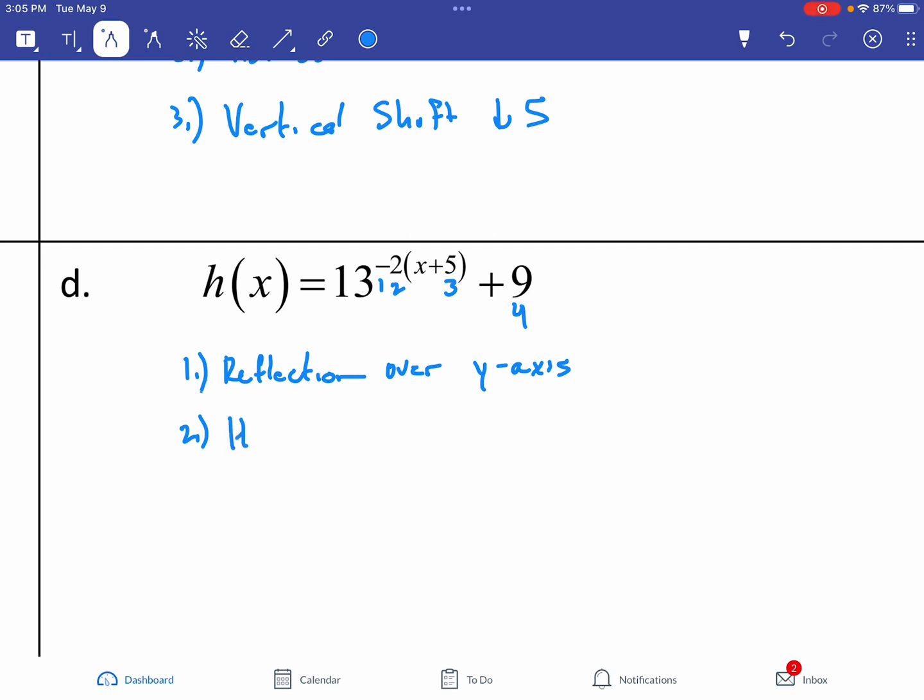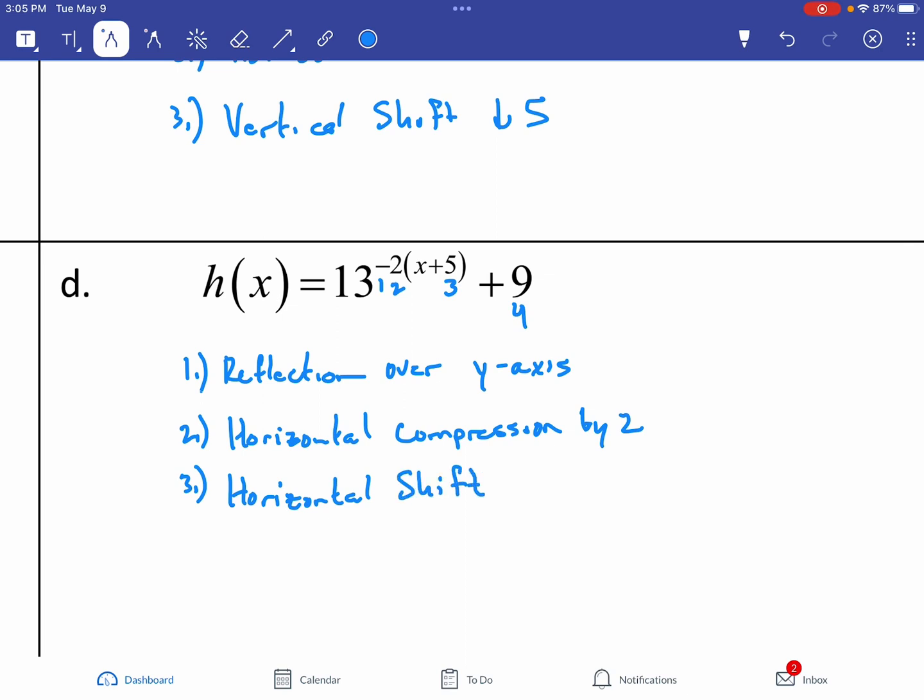This is a horizontal compression by 2. 3. Adding on the inside, this is a horizontal shift to the left by 5. And 4, this is a vertical shift up by 9. And there you have it.